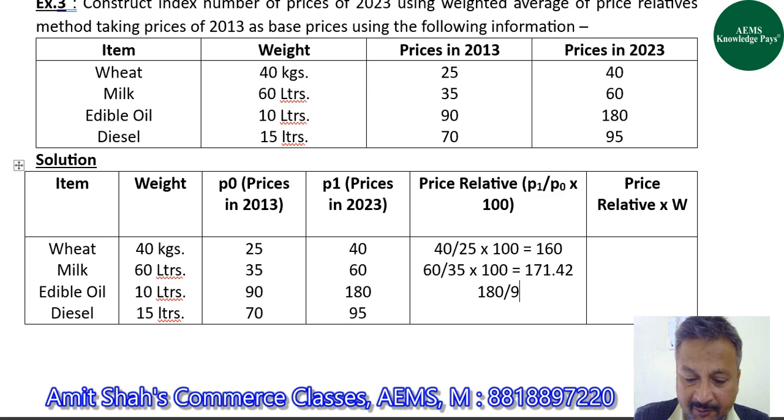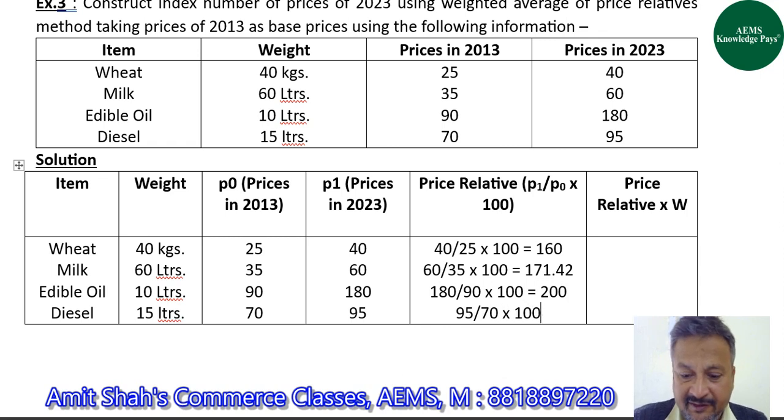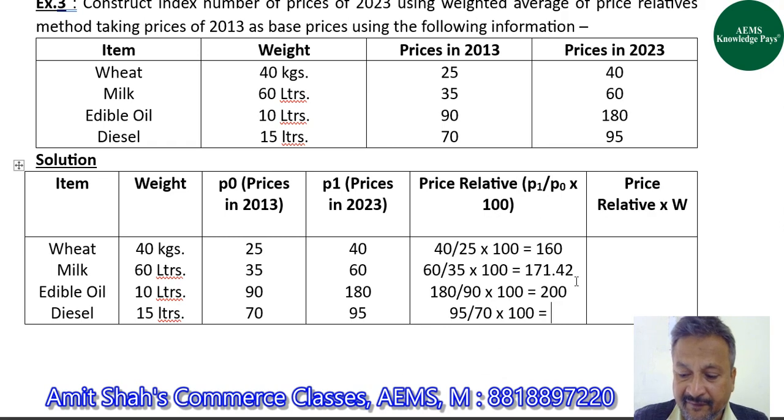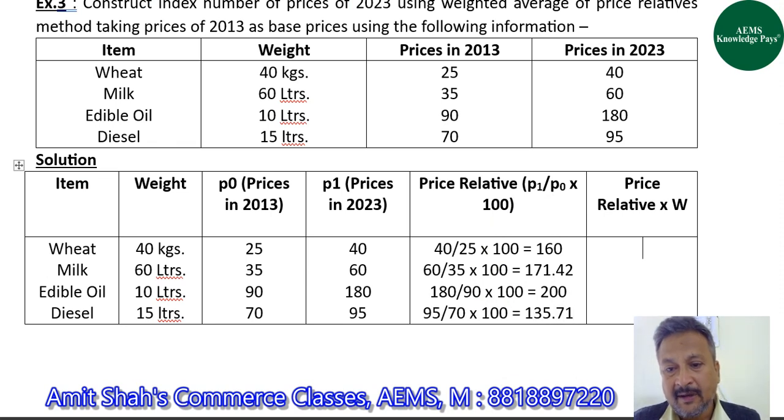Then 180 divided by 90 into 100, that is 200. And 95 divided by 70 into 100 is 135.71. Now each of these price relatives would be multiplied with their respective weights.